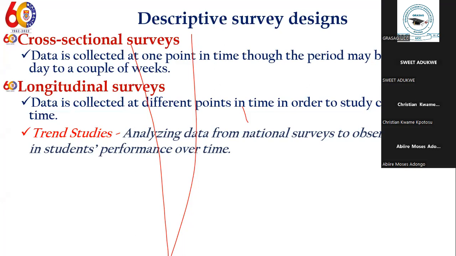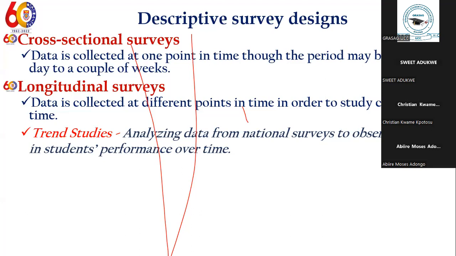Another example can be our WASSCE or BECE results. So for the past 5 years, how has students' performance been? Data here, you see, is not collected from just one individual. We have different sections of the students. So 2015 batch, 2016 batch, 2017 batch, 2018 batch.